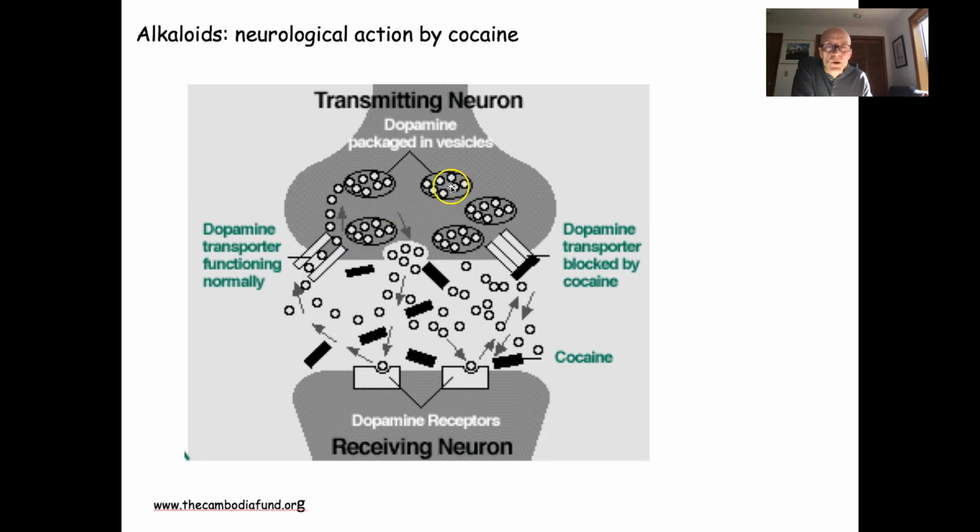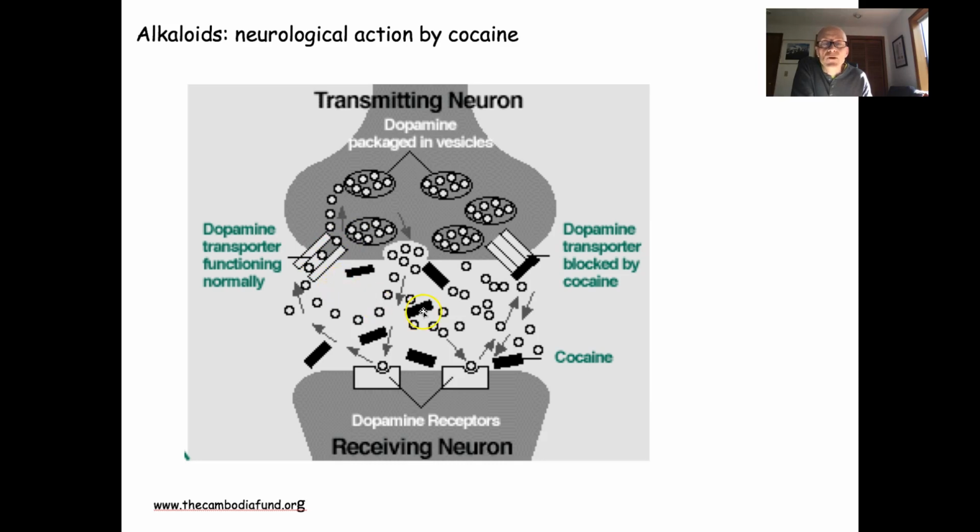So you have the dopamine being released, and it's looking for the dopamine receptors on the receiving neuron, and that produces the stimulus. And then at some point it has to go away, right? Otherwise you would have constant stimulation. Like a telephone, right? If the telephone rings all the time, you'll never pick it up because it's no longer serving a function. So you want the signal to be received, and then you want the signal to go away, and the signal goes away by this uptake transporter.